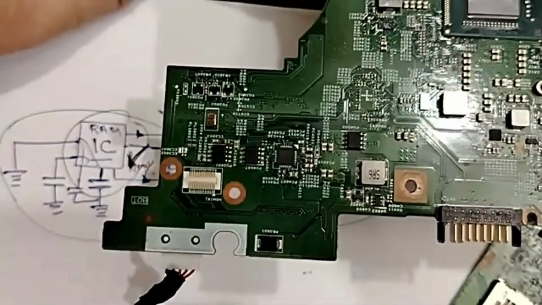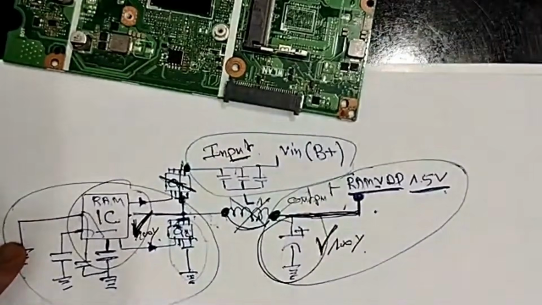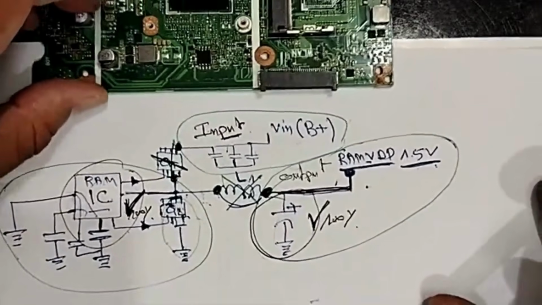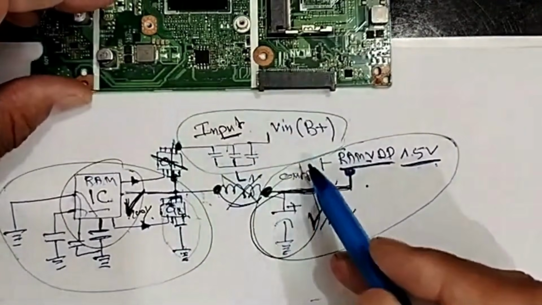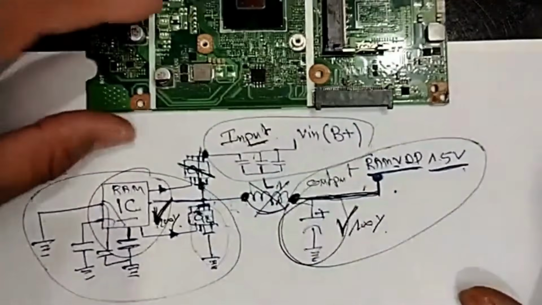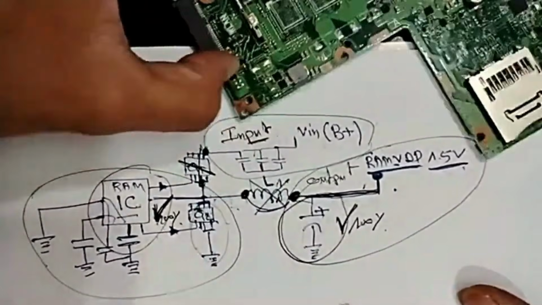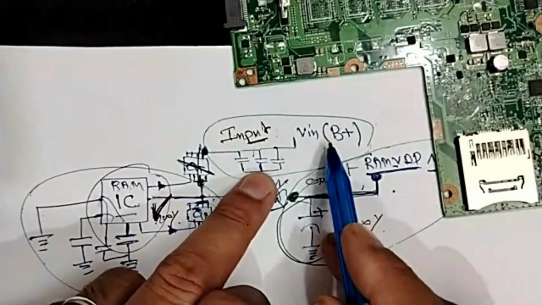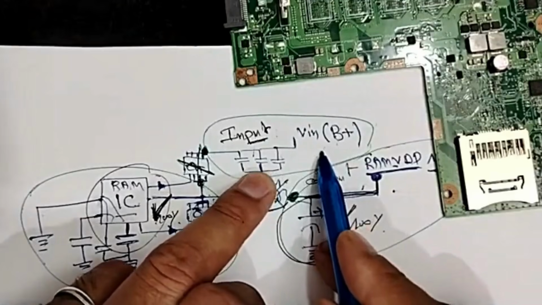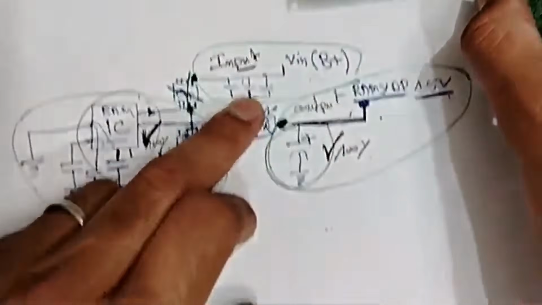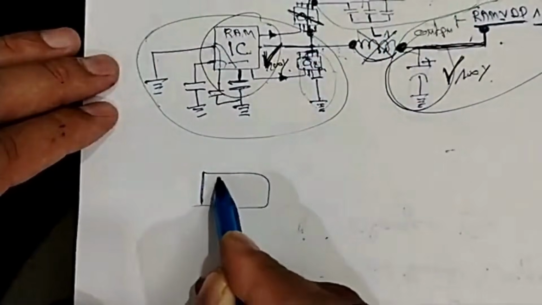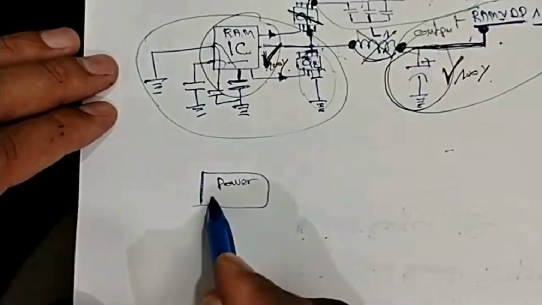Okay, one minute please. If you find that the shorted part is the input, here we have another job, which is to go back to the charge circuit. And in the charge circuit, what do we find exactly? We find the power jack. Okay?